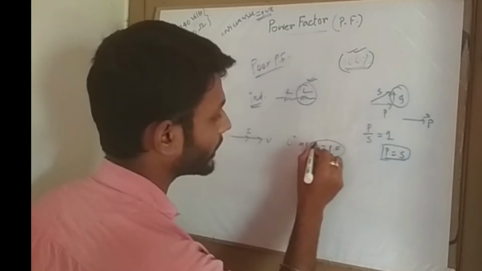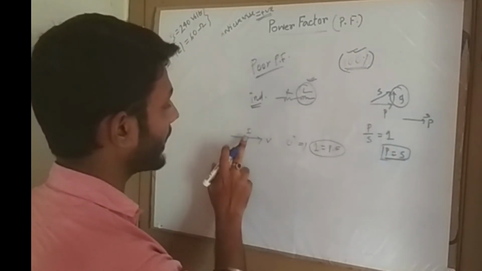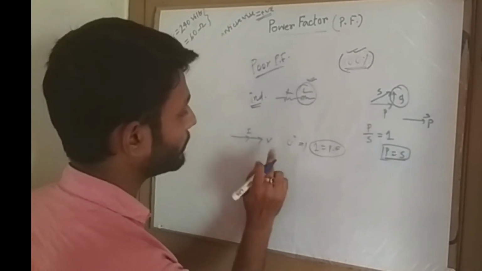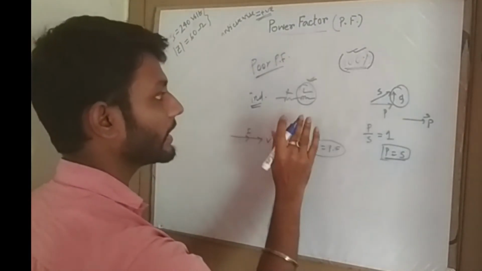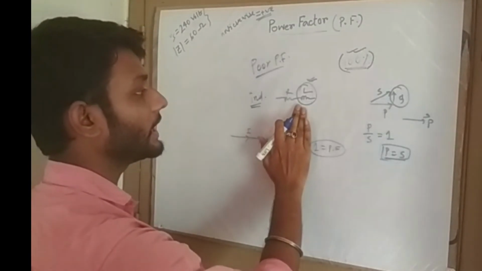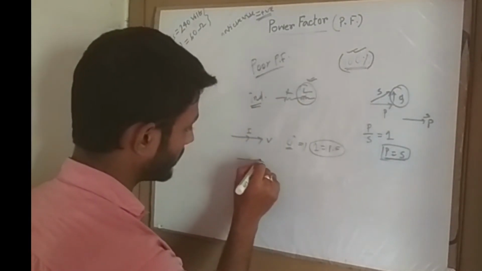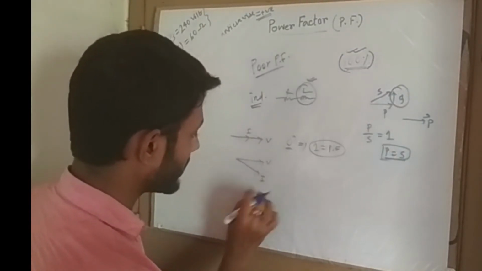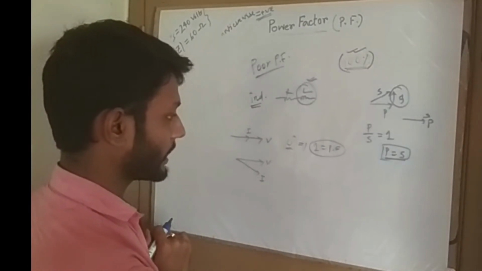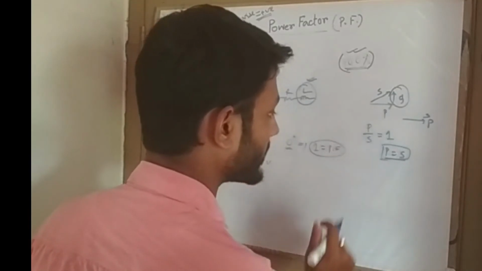Then only power factor equal to 1 will be possible when the voltage and current and the angle between them will be 0 degree. But in general, as the load is inductive in nature, it is like this. Current must lag this voltage by some angle. That means this Q part must exist.